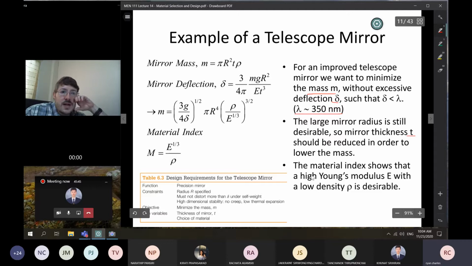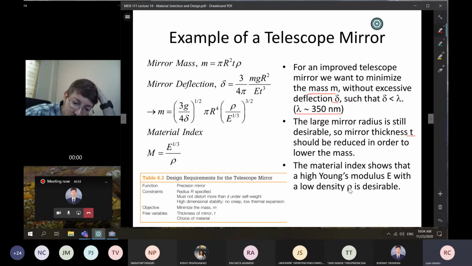The material index shows that a high Young's modulus with a low density is desirable. So to keep the deflection low, we either have to minimize the mass, which perhaps we can do with low density, or we have to keep the material very, very stiff.